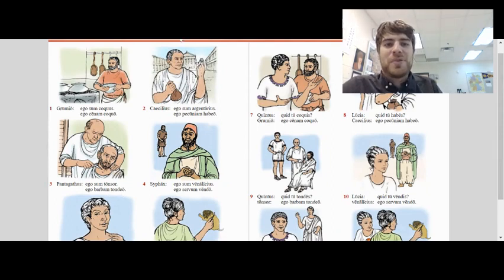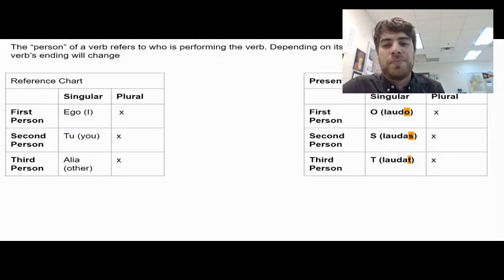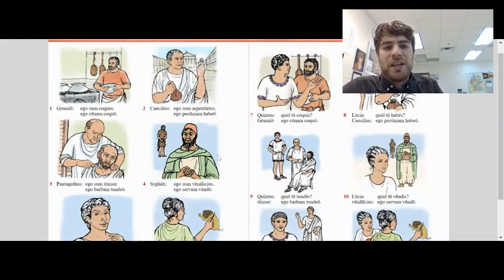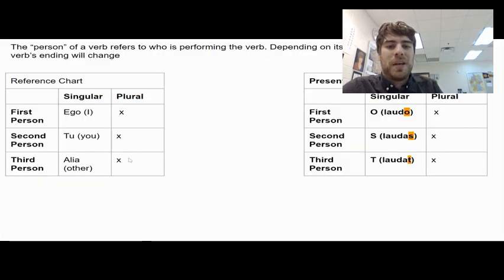If it has a subject ego, the verb needs to end in O. Okay, how about second person singular? If the verb has a subject you, all right, then the verb is going to end in the letter S. Quid tu coquis? What are you cooking? Okay, so if it's second person singular, it's going to end in the letter S.